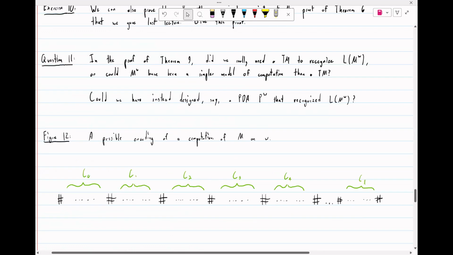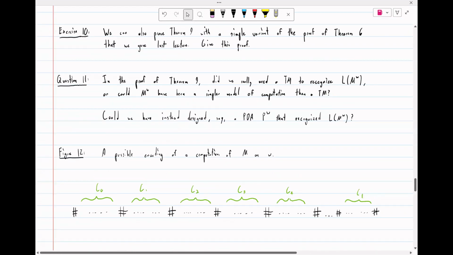As I mentioned earlier, here is some possible encoding of a computation of M on W. In other words, maybe this is some input that my Turing machine M_W from the proof that we just saw might receive.